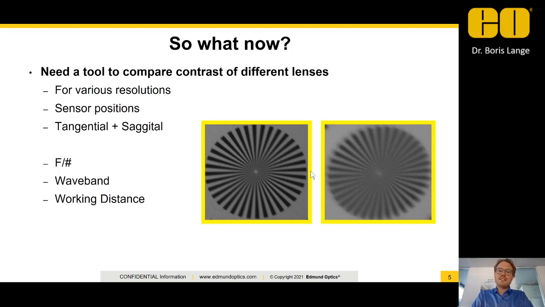It would be really nice if we had a tool where you could compare the different levels of contrast different lenses can produce for various resolutions, for different positions on your sensors, and also in tangential and sagittal direction. By the way, this picture on the right here is a beautiful demonstration of astigmatism.